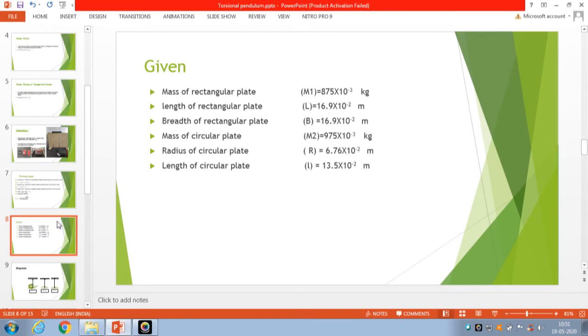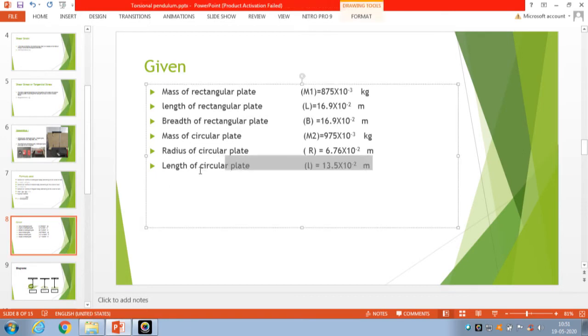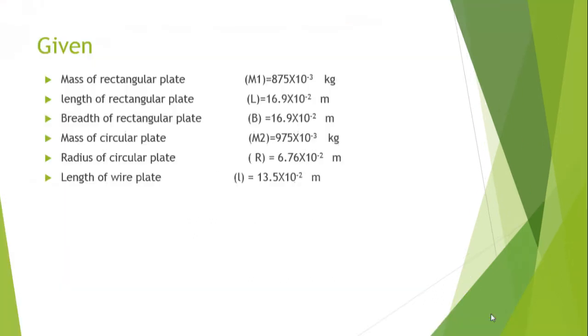The length of the suspended wire is given, and next, the mass is 875 into 10 raised to minus 3 kg. Initially it is given in grams, and we have expressed it in kg. Length is 16.9 into 10 raised to minus 2 meters.